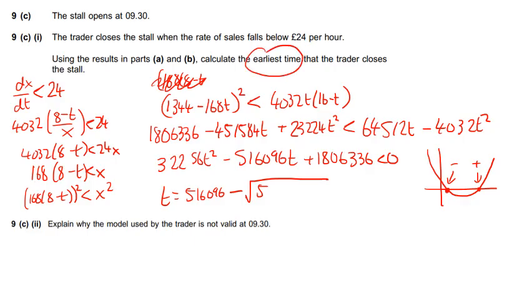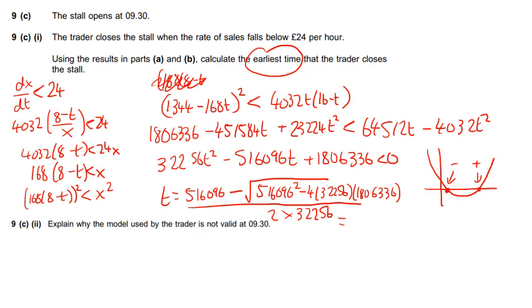So that's why we want the first value. 516096 squared minus 4 times that times that, and then divided by 2 times a. And if you put that all together, you should get about 5.17 hours.